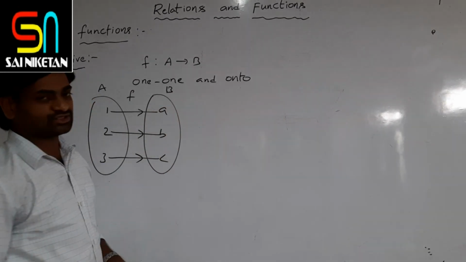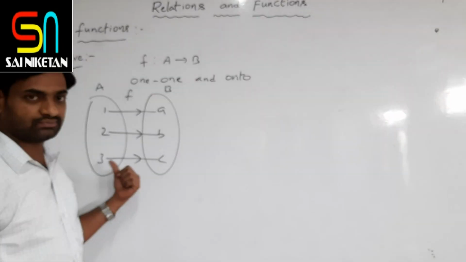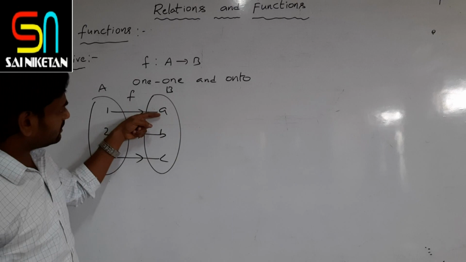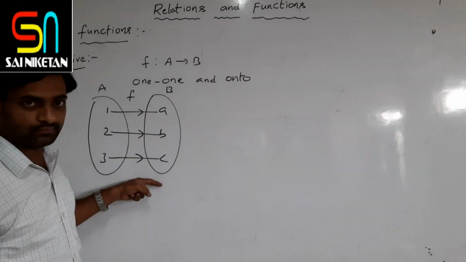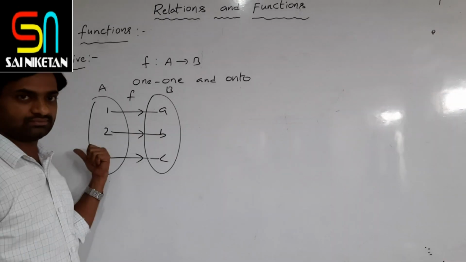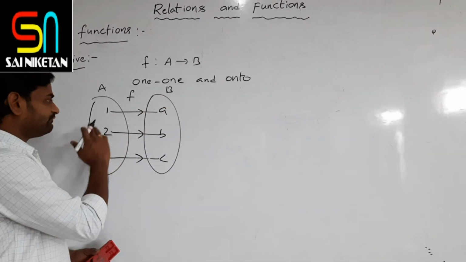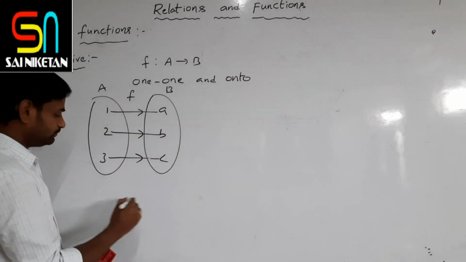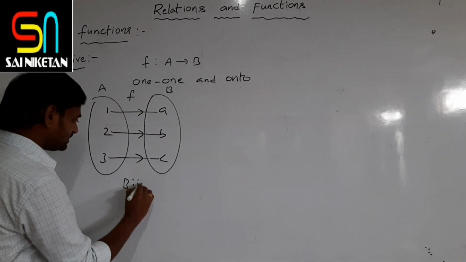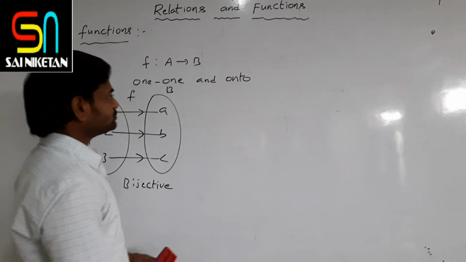What does onto mean actually? In the B set, every element should be in the mapping. See here, in the B set, how many elements do we have? 3 elements we have. Now here 3 elements have the mapping. That's why it is onto also. So when the function is both one-one and onto, then we can say it is bijective. Okay. Now see one more example.